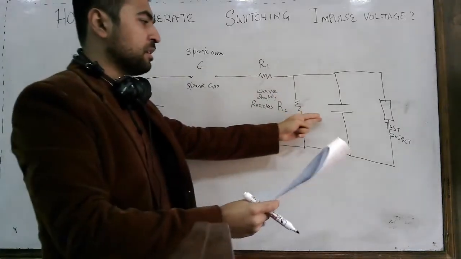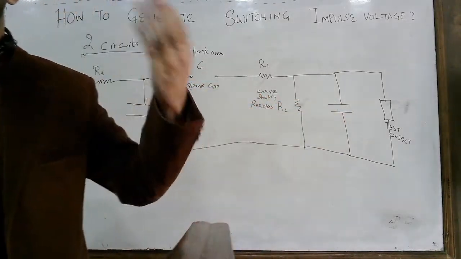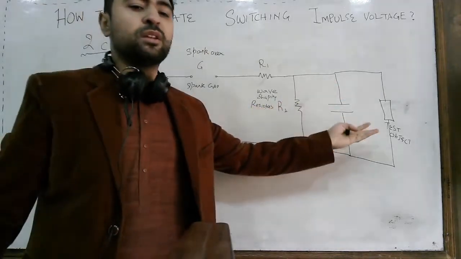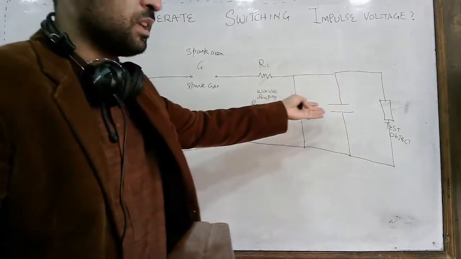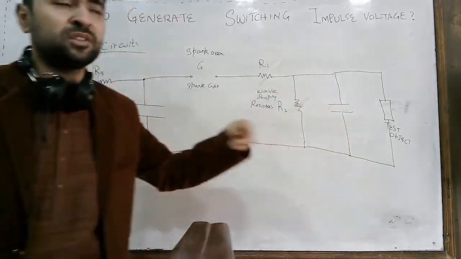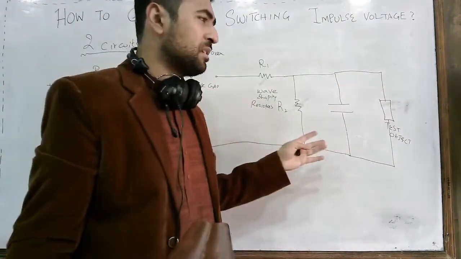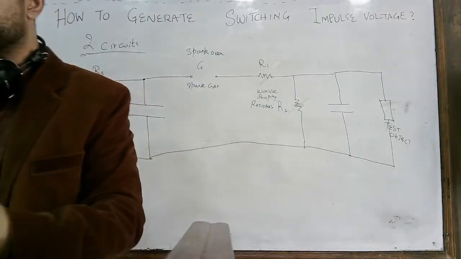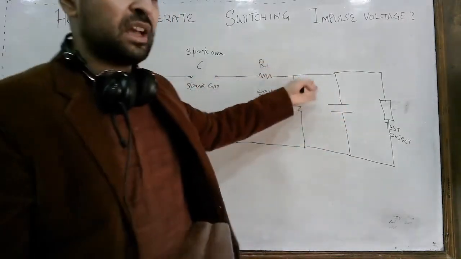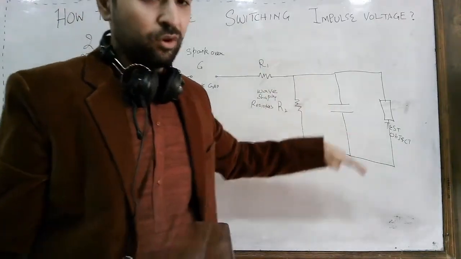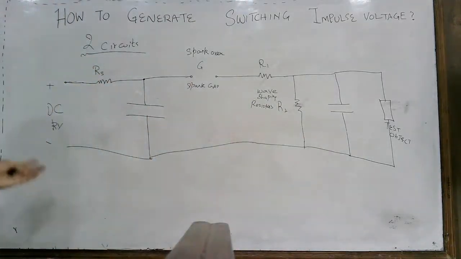This is another capacitor, which is used to increase the duration. It is not exactly a smoothing capacitor, and not exactly a tank circuit. The purpose is to get some extra energy stored here, so that our waveform is of longer duration.